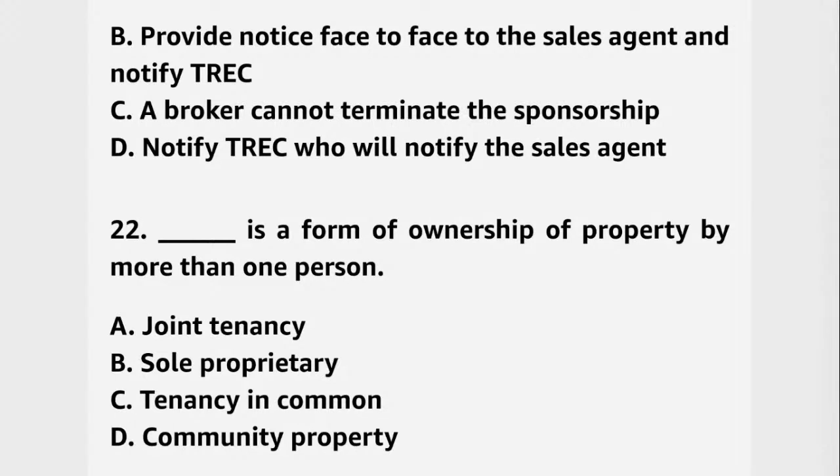So actually, A or C are correct, because tenancy in common is also a form of ownership by more than one person. It is two or more individuals. Joint tenant is two or more individuals. So sometimes these books are not 100% correct.